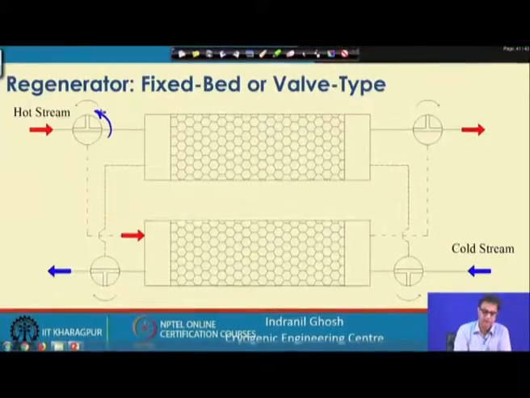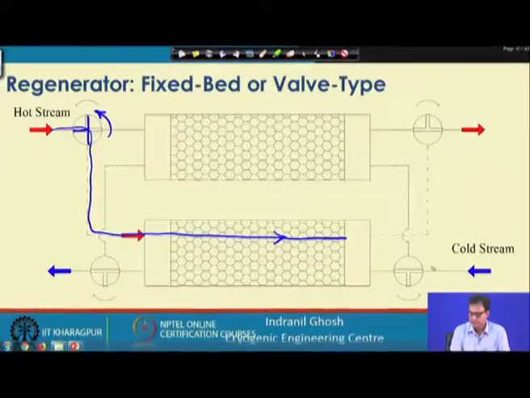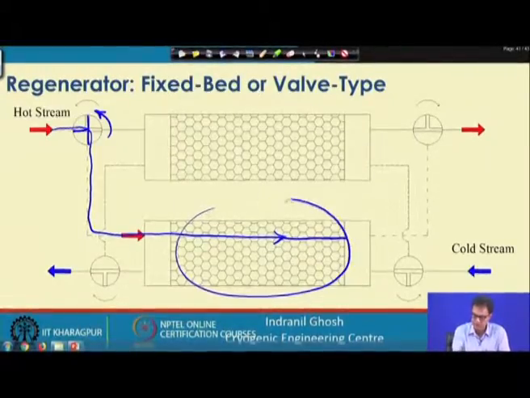So, when we rotate this valve, this configuration will look like this, and this hot stream will now flow through this bed, which is occupied by the matrix at a lower temperature.